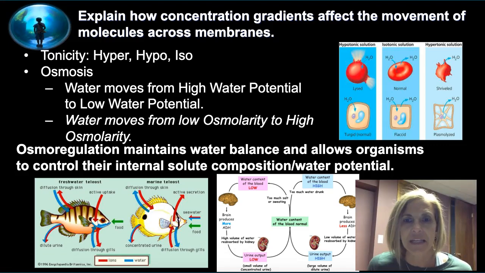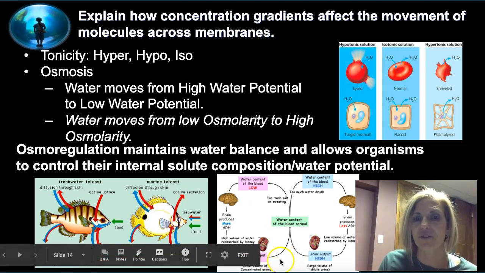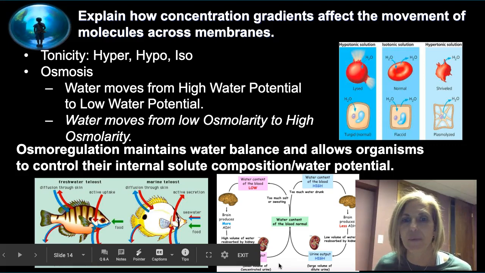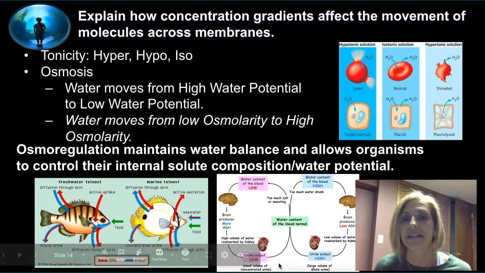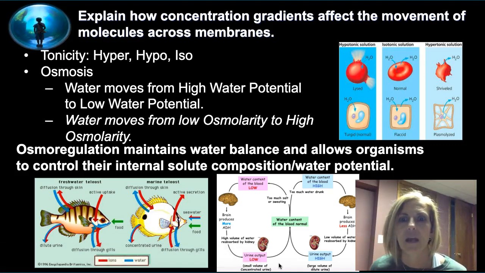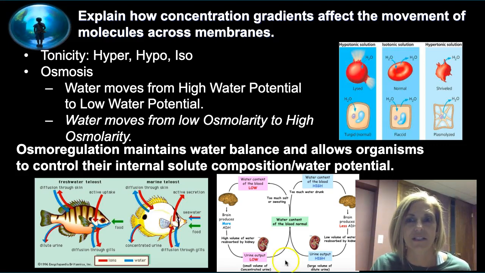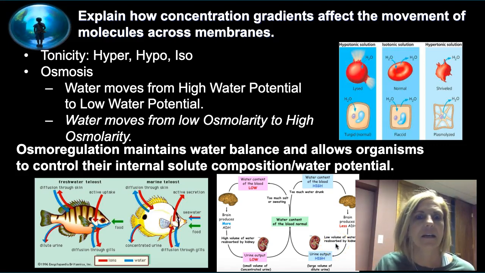Another thing happening is ADH, antidiuretic hormone, which is released from the brain and travels to the kidneys, and then opens up those aquaporins so more water is reabsorbed. Aldosterone is another example of a hormone being released, and that causes vasoconstriction of vessels, so less water is lost.